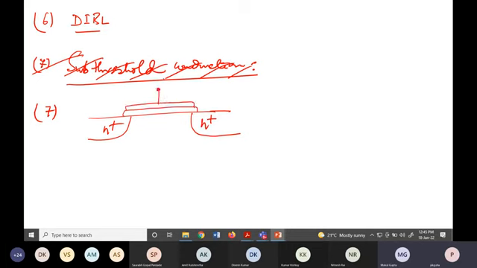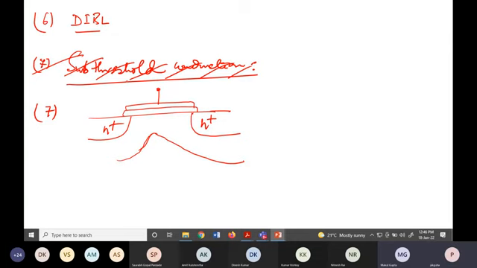As source and drain are pretty close, it might happen that the depletion region because of the source and the depletion region because of the drain merge. If they merge, then you will lose control from the gate side.